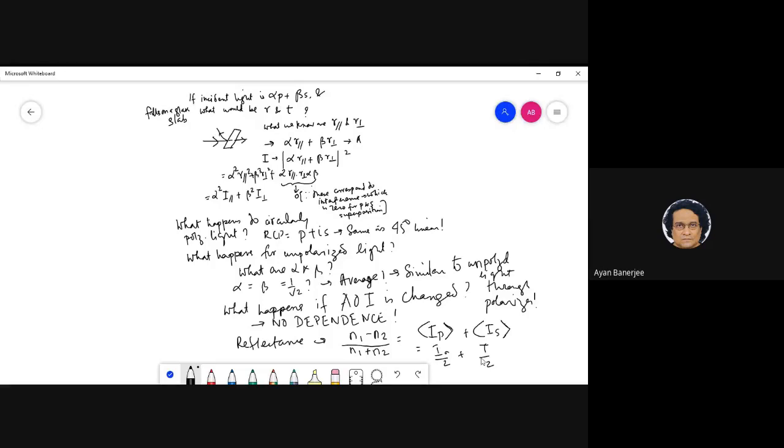Half of it will be P and half of it will be S, so you will get half as average polarization, and therefore you should basically get just I. The total will be whatever the incident is, equal to reflected plus transmitted.